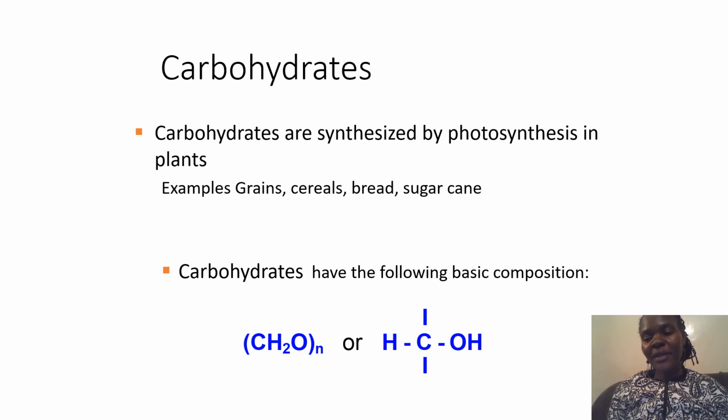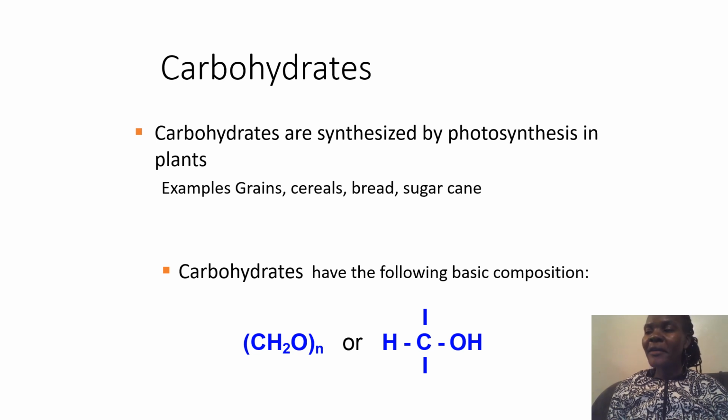After introducing ourselves to how important biochemistry is, let us now dive into understanding biochemistry. So, I'm going to start by looking at the carbohydrates. Basically, I'll start today by doing the monosaccharides only.